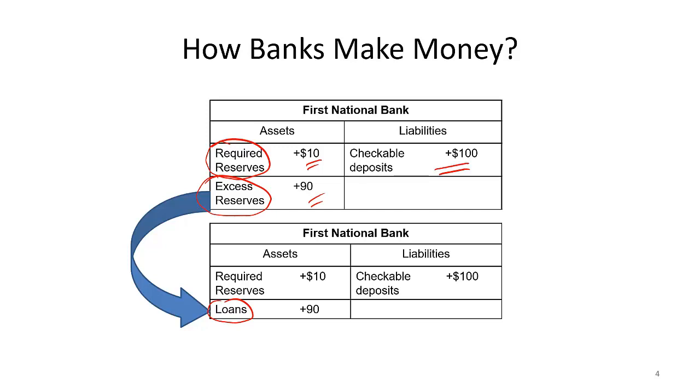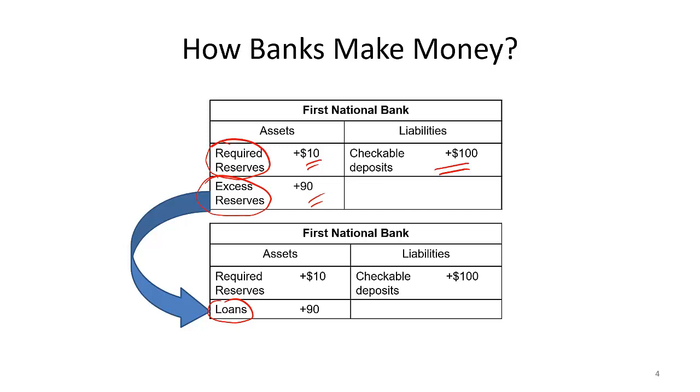This is the asset transformation, where excess reserves, an asset not earning any returns, transformed into loans. And loans can take different forms, like your student loan, car loan, consumer loan, or housing loans like mortgages.